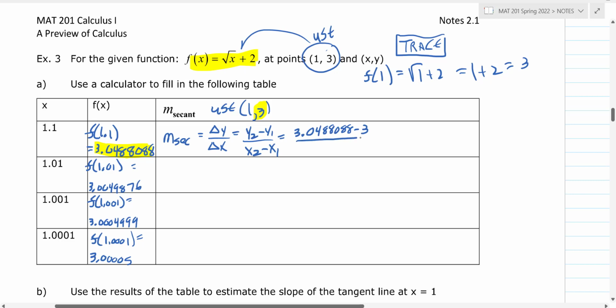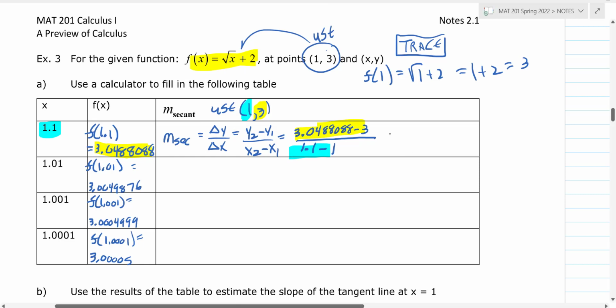That'll be the rise, the change in y. Then the x's are going to be the 1.1 and the 1. And you're using this slope form, so you want to do this in the same order. So we will do the y value 1, and the x value 1.1 minus 1. Okay, like that. I'm just trying to highlight this to show you that what I'm doing is finding the slope between these 2 points.